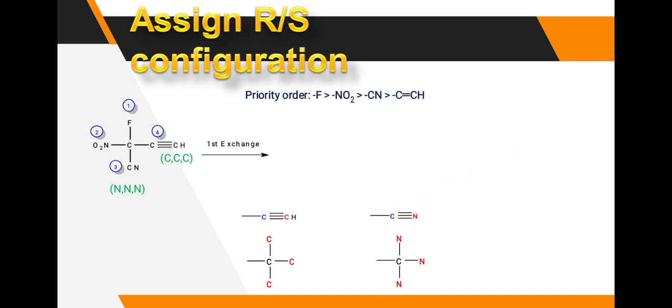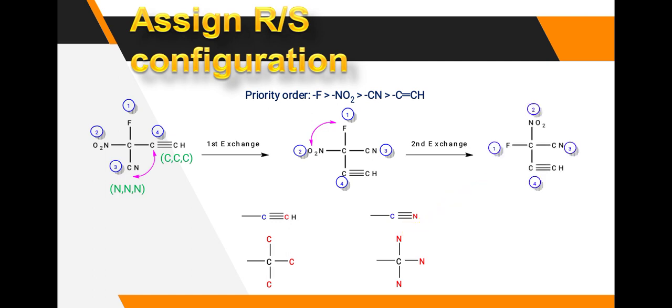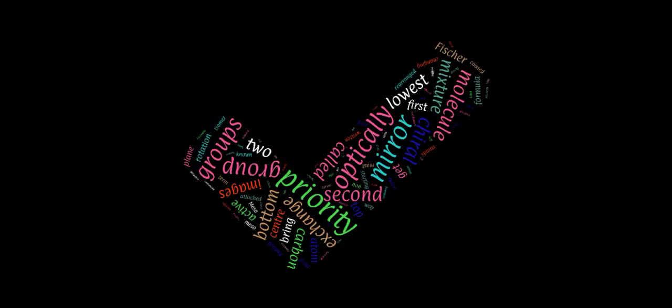Then give the first exchange, fourth priority goes downside. So here the fourth group is at the bottom, then give the second exchange, we get the configuration clockwise, that is R configuration. Then these are the examples of different RS configuration.